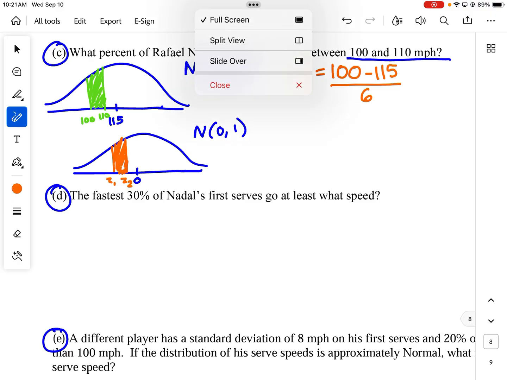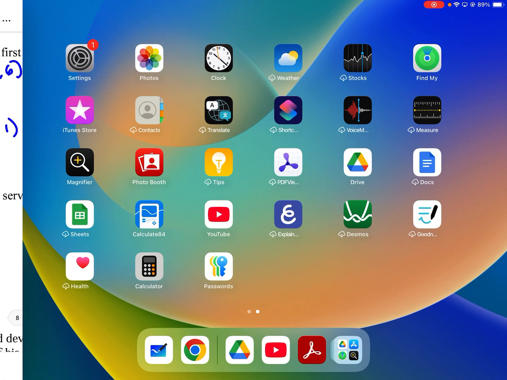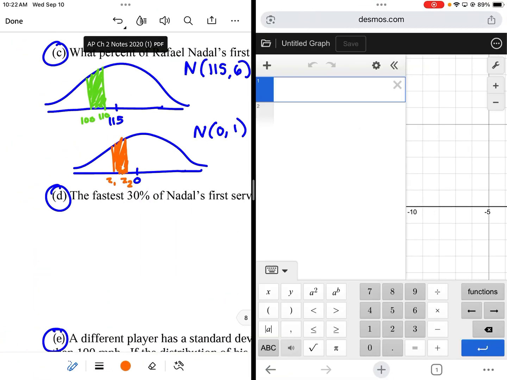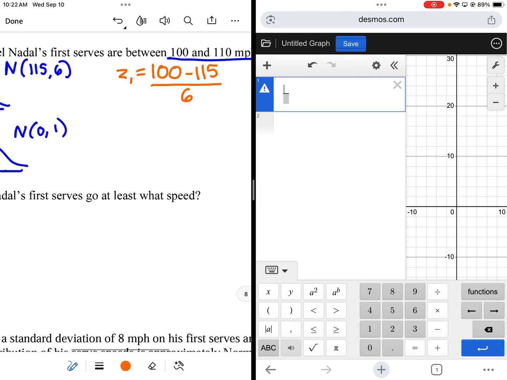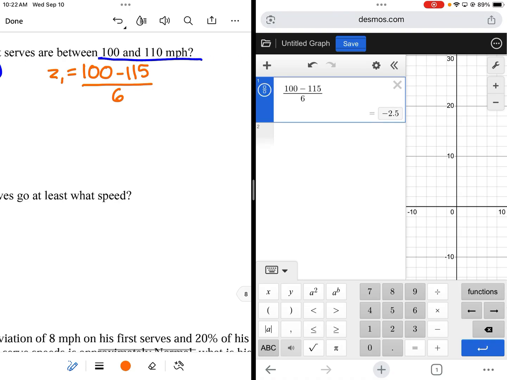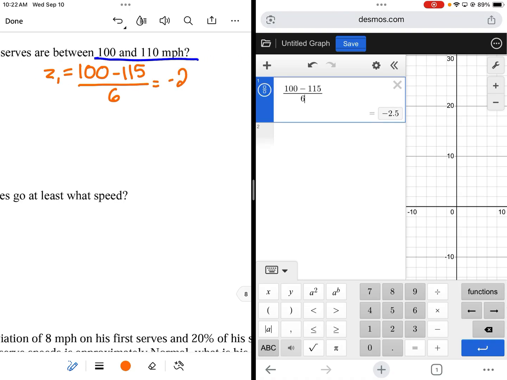So I'm going to pull up Desmos. You can use Desmos just like a calculator. So I'd do the divide. Then I would do 100 minus 115 over 6. So it's negative 2.5.